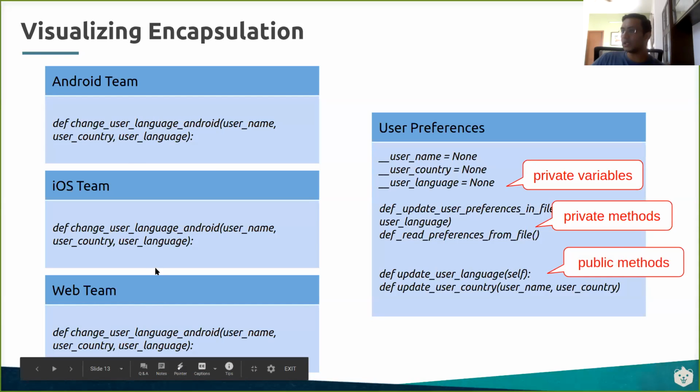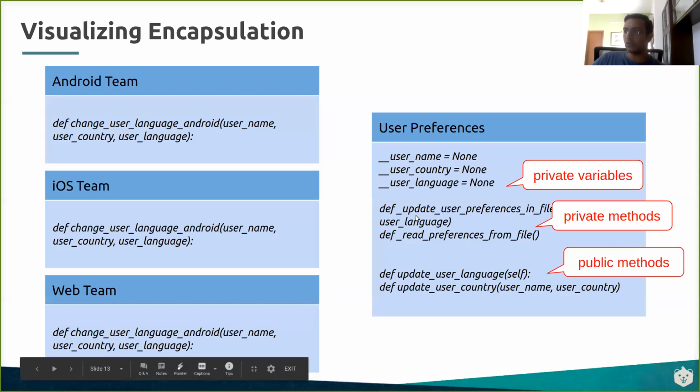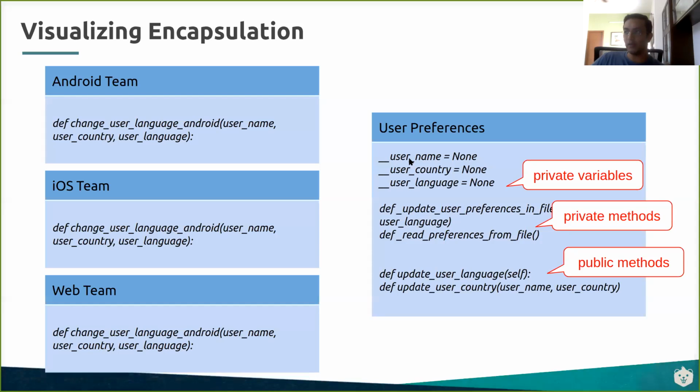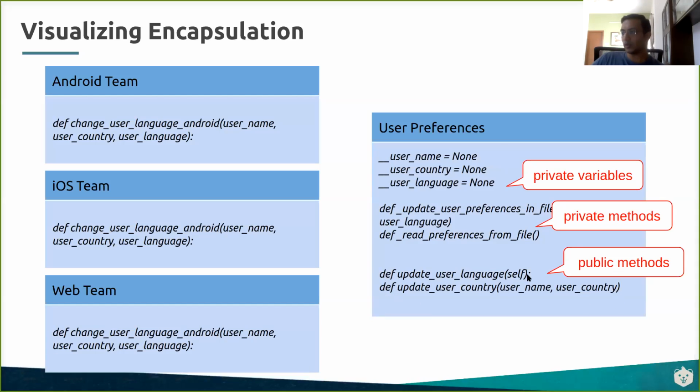If you're using something like C++ or Java, you would directly define these as private. So when you try to invoke this, it will just throw an error. But in Python, we just follow the convention of naming the methods and variables with an underscore, meaning they should not be invoked from external entities. The public methods are the exposed ones.